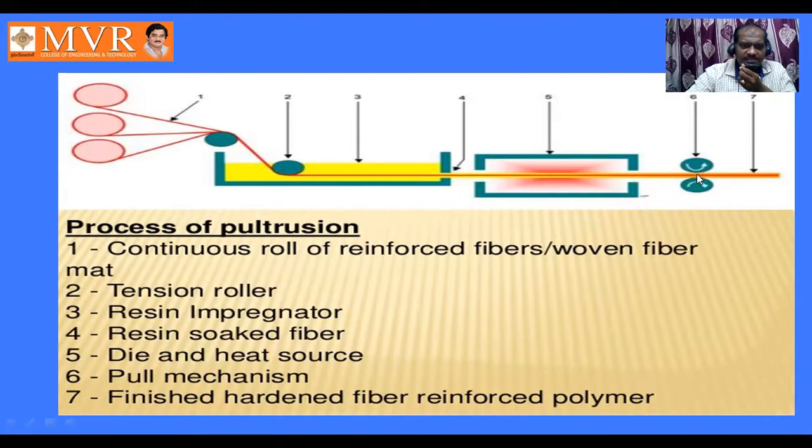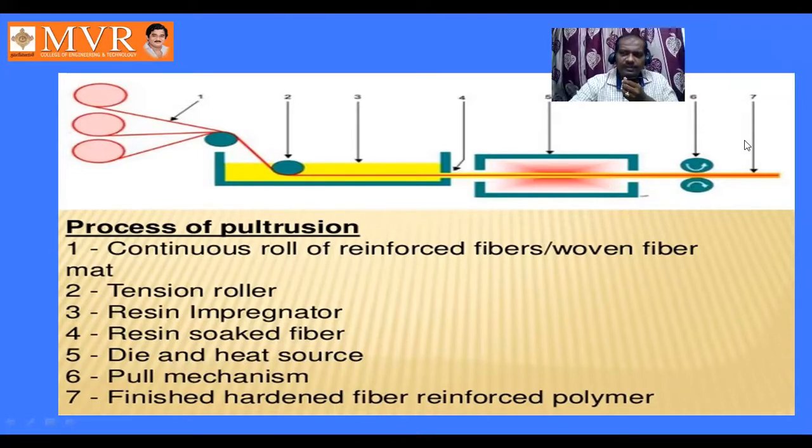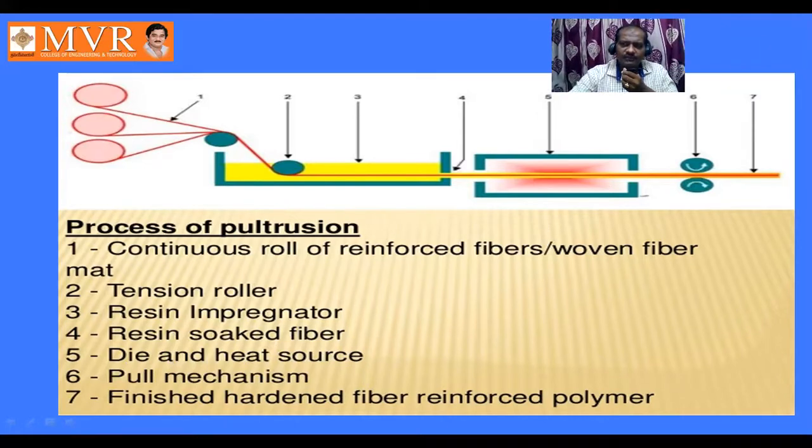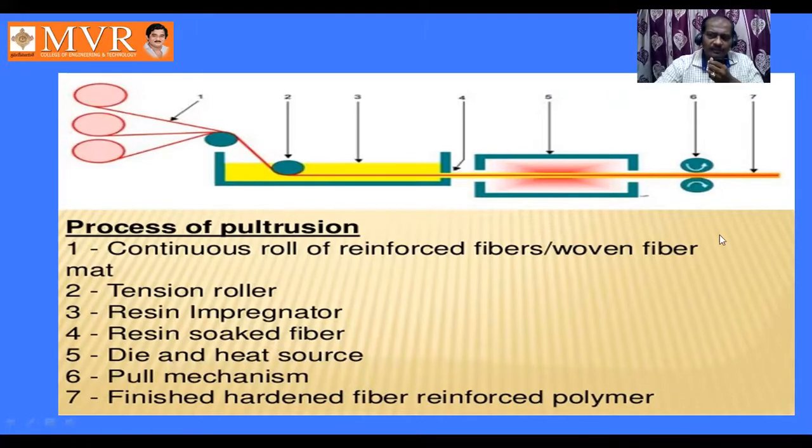Sixth is the pulley mechanism. Seventh is the friction hardened fiber reinforced polymer, which is a material ready to use. It may be in the form of sheets, wires, or strings also.